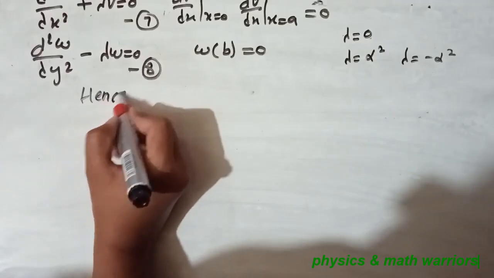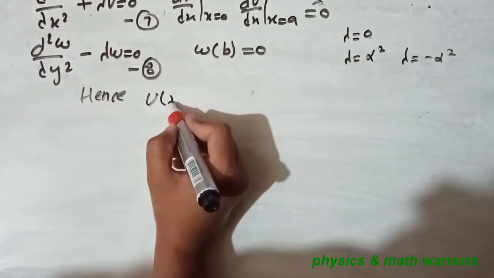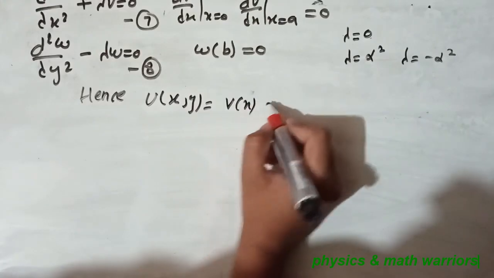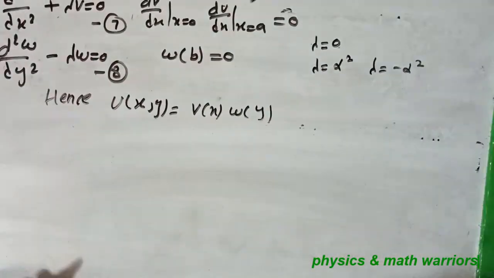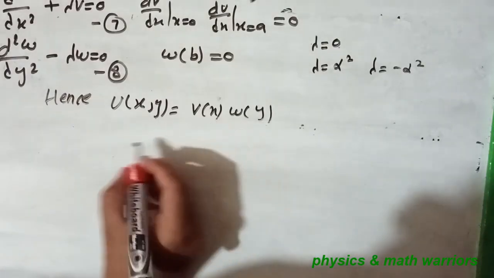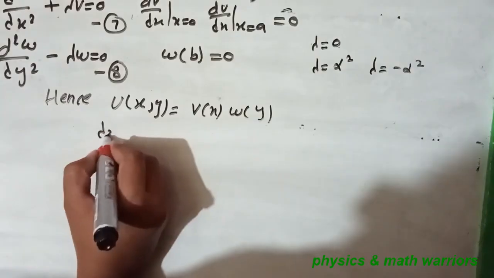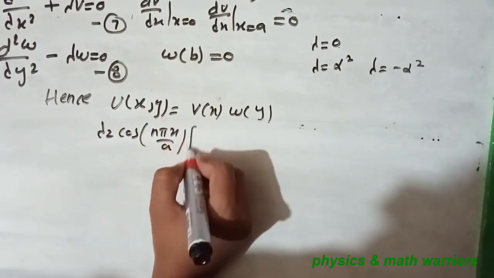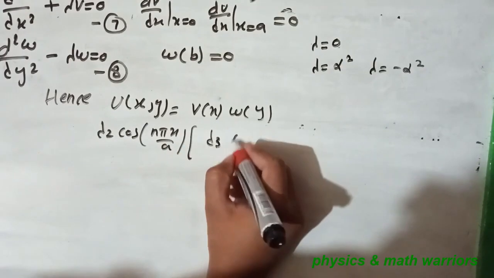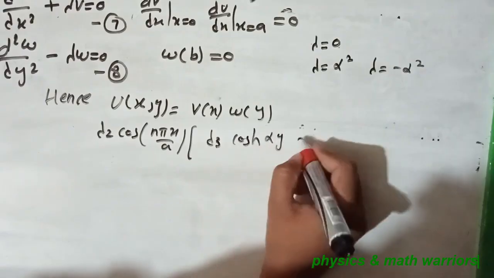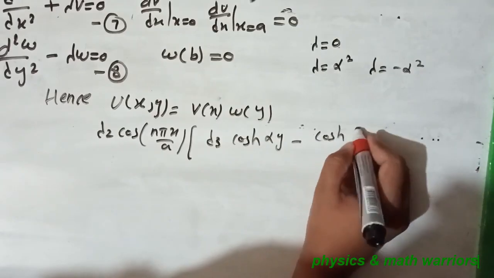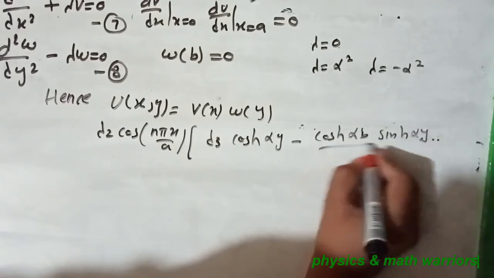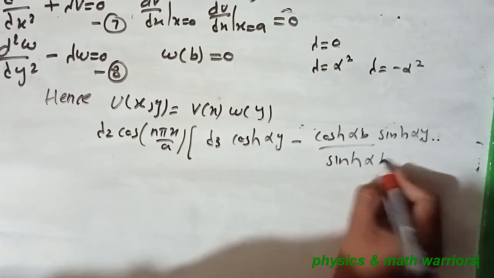Hence u, which is a function of x and y, is equal to v of x omega of y. V of x is equal to d2 cos n pi x over a, and omega of y is equal to d3 times cos hyperbolic alpha y minus cos hyperbolic alpha b sine hyperbolic alpha y over sine hyperbolic alpha b.